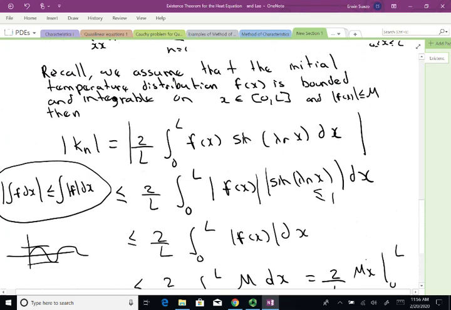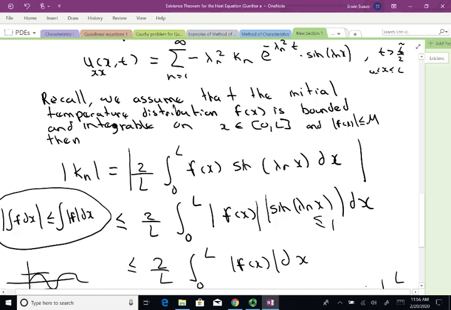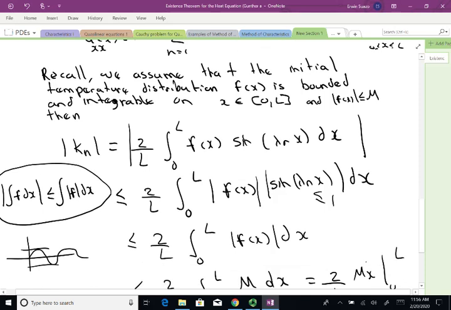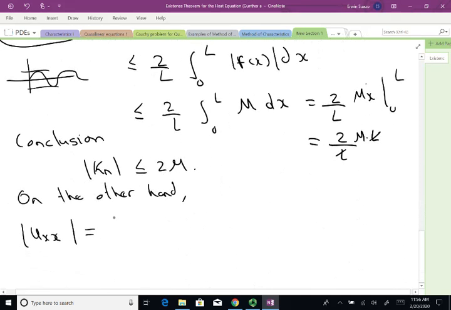So I'm going to take the absolute value of this sum, n equals 1 to infinity, of minus lambda n squared k_n e to the minus lambda n squared t sine n pi x over L.